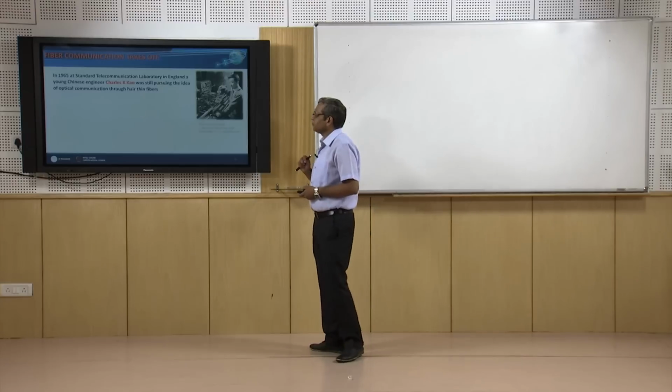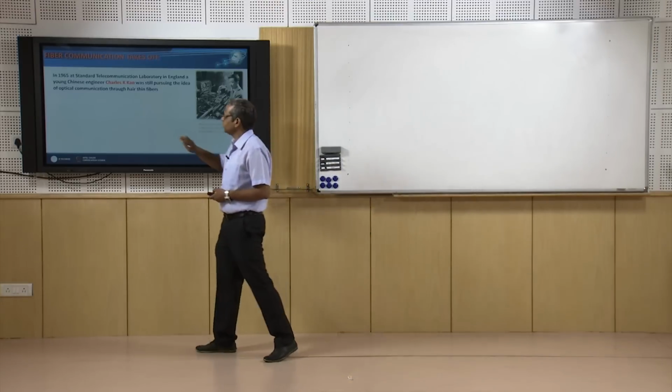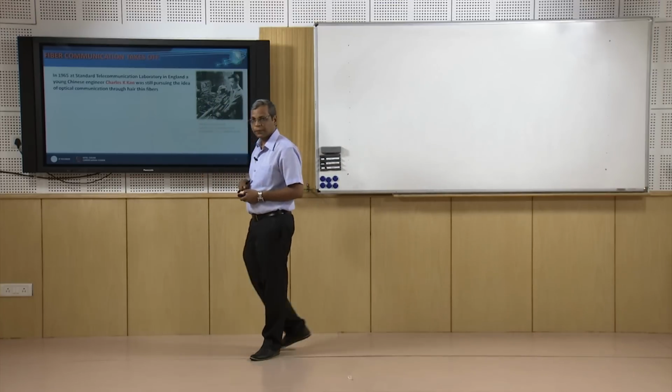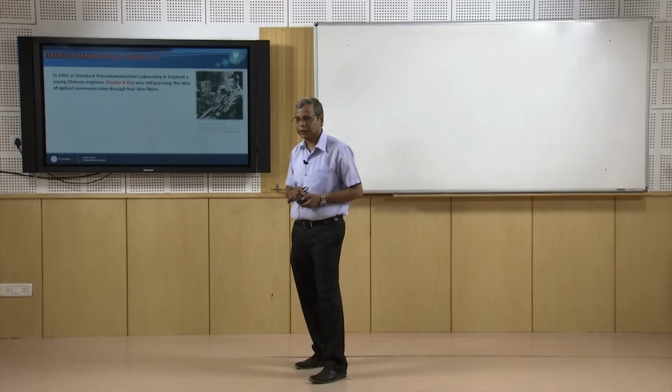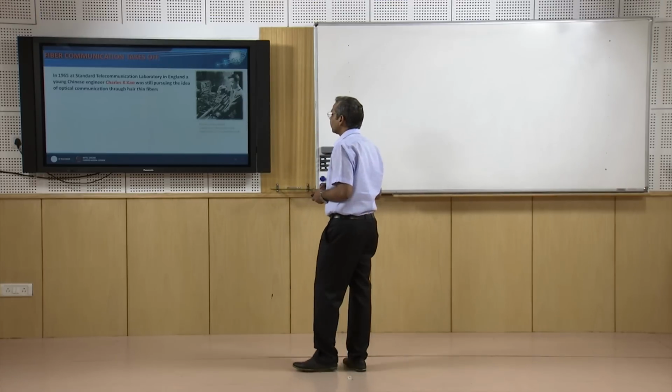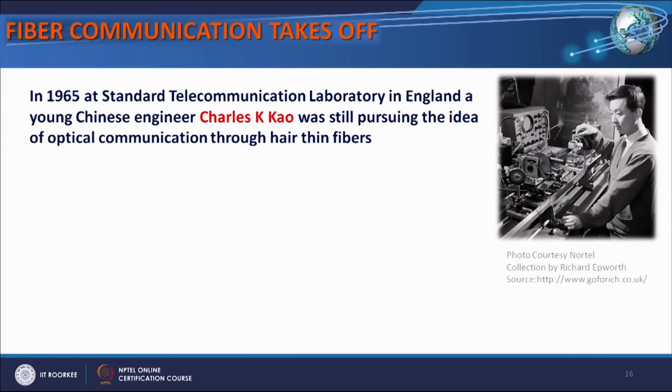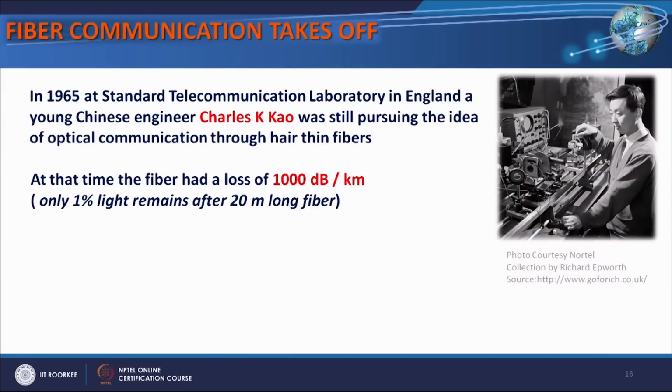But at that time a young Chinese engineer, Charles Kao, was still pursuing this idea of communication using optical fibers, and at that time, let me tell you, the loss of optical fiber was 1000 dB per kilometer.